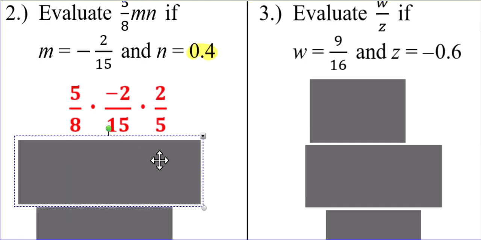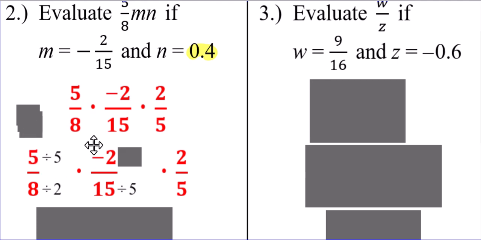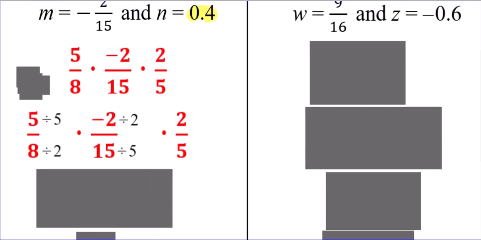And it just so happens that 15 and 5 are both divisible by 5. 2 and 8 are both divisible by 2. You could also, if you're really creative, have reduced the 2 here by 2, and then 2 2s would make 4, reduce that 8 by 4. That's getting a little creative. Maybe some of you have no idea what I just said, so fine if that's the case.